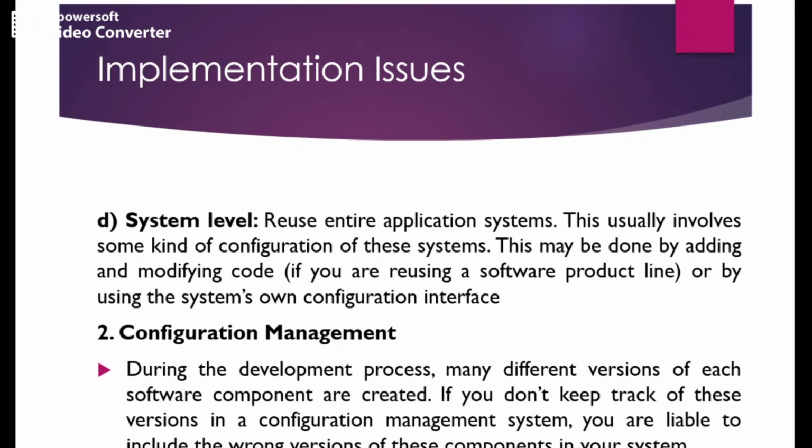Next level is system level. Here you are reusing the entire application system. This usually involves some kind of configuration of the systems. When you are reusing the entire system, you have to check the compatibility, which is very important.